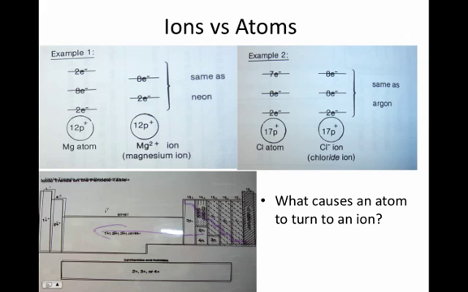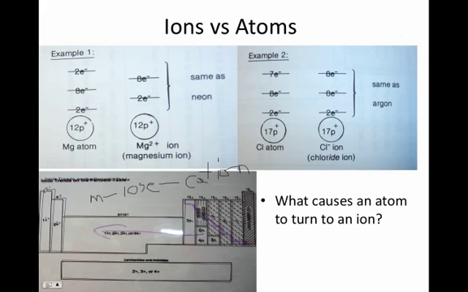There are trends in the periodic table and certain behaviors that we need to be familiar with. For example, here's our periodic table down below. Metals tend to lose their electrons, which are negatively charged, to form positive cations. Cations are positive ions.